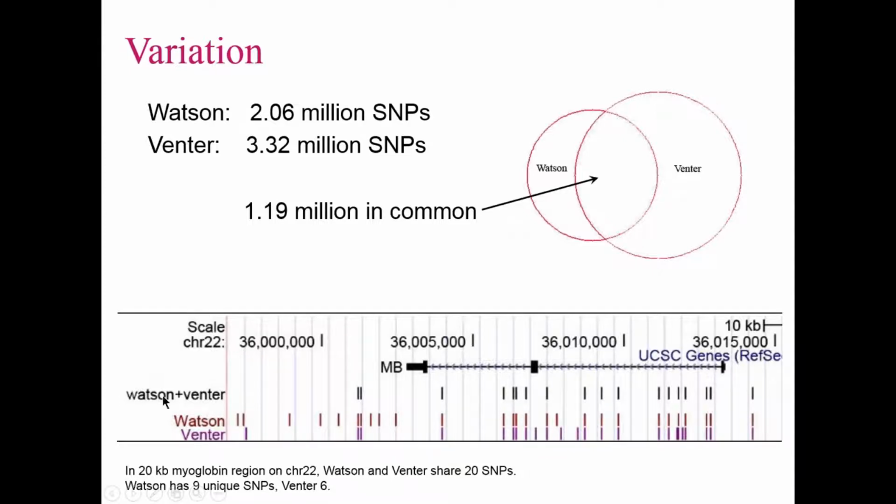This other track, Watson plus Venter, is a product of a query you can do on the Table Browser as part of the Genome Browser. It's not part of our regular data set, but it shows the kind of thing you can do by intersecting data sets with each other, and you can get a separate data track on the browser, and you can see where Watson and Venter have locations in common.